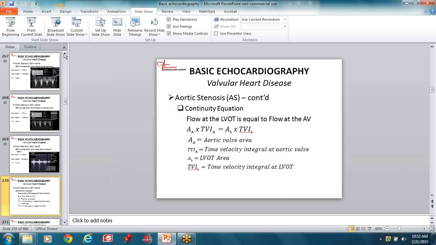All right, so this is one thing: if they wake you up in the middle of the night, you should be able to recite everything about aortic stenosis, because it's very, very common. As a technician, you are expected to evaluate aortic stenosis very, very accurately, because a lot of patients will leave from the echo lab to the operating room.